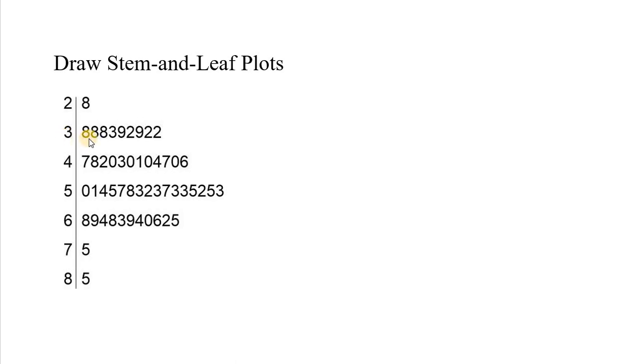So we have 3.8, 3.8, 3.8 3 times. If you go back to the raw data, you'll see that. And then we have an unemployment rate of 3.3, 3.9, 3.2, 3.9, 3.2, 3.2. So this is basically leaves. Those are leaves. And this is a stem. So we do that until we end up with the entire data listed here.